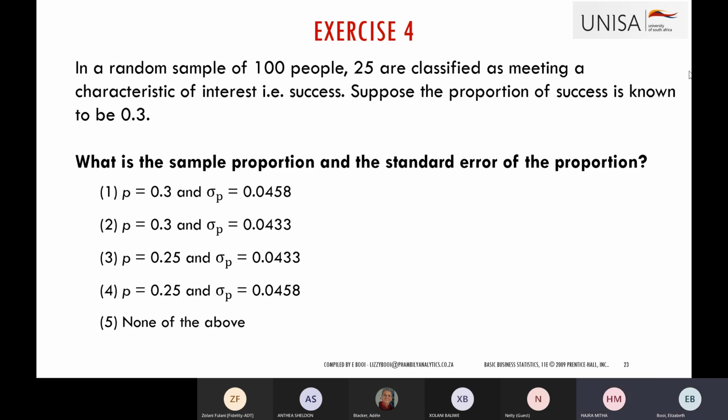I'm still calculating it. I don't know why my calculator is giving me an error. I think I'm doing something wrong.